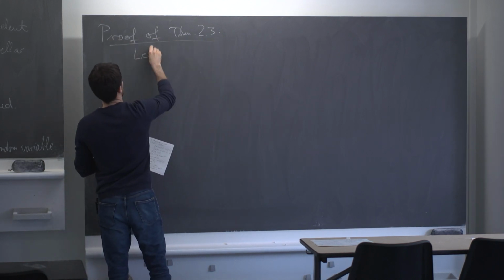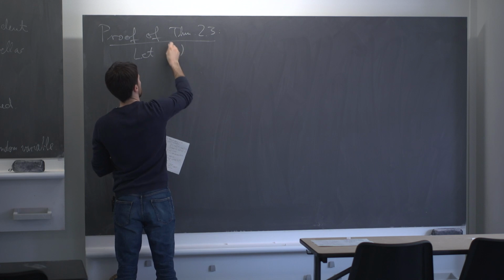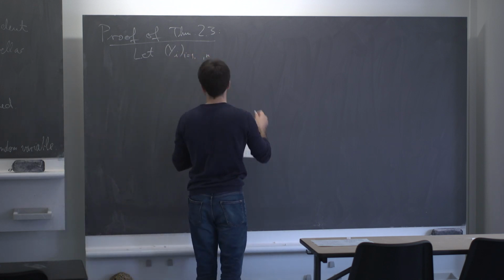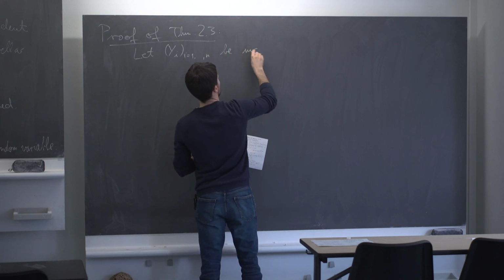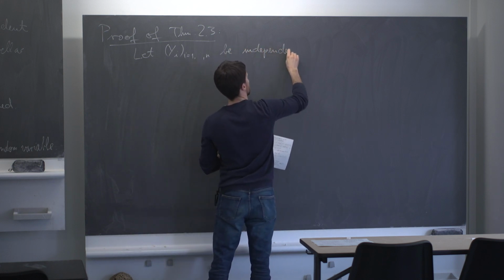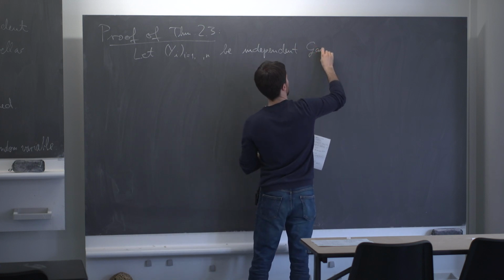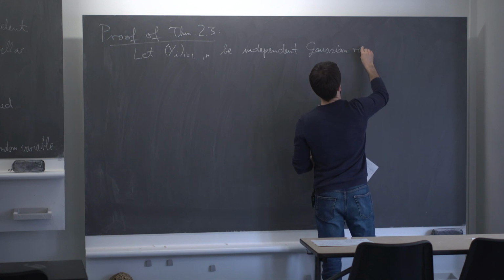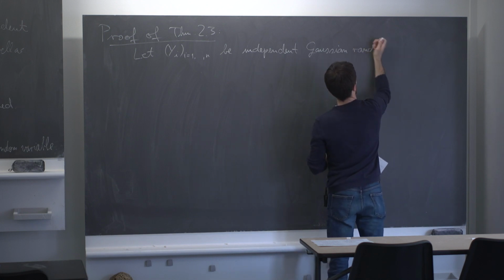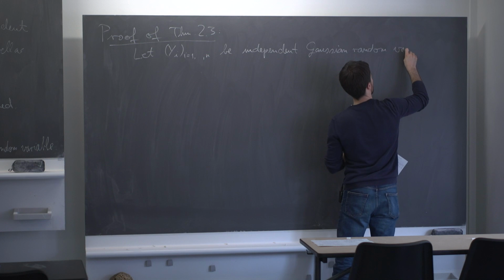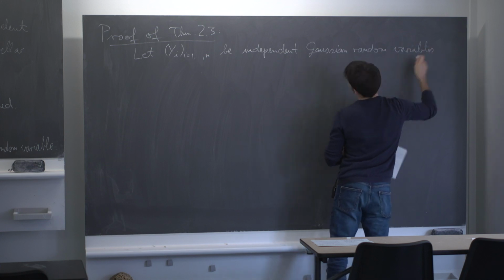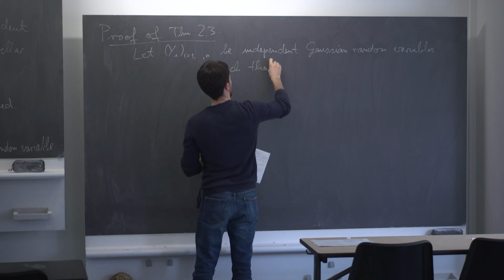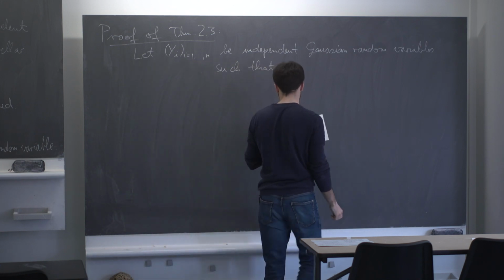2.3. So we now take Gaussian or normal random variables y1 up to yn, independent Gaussian random variables, such that the following holds.